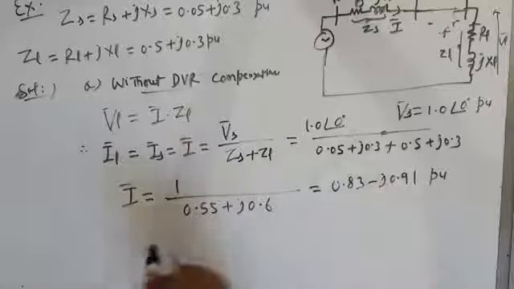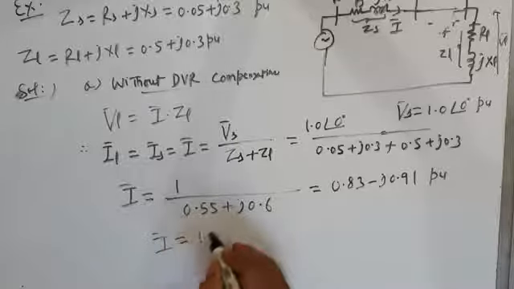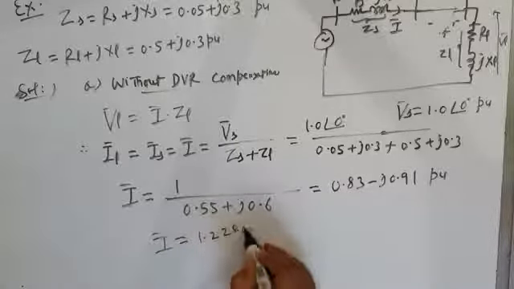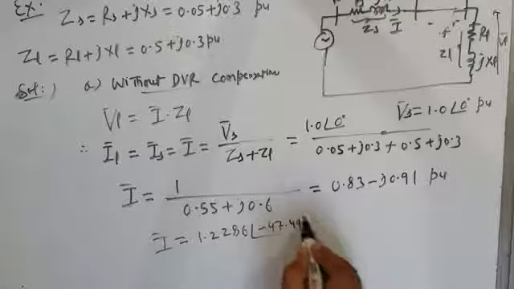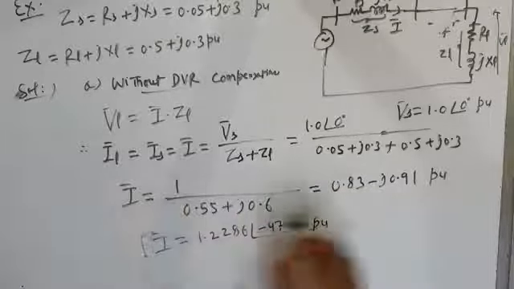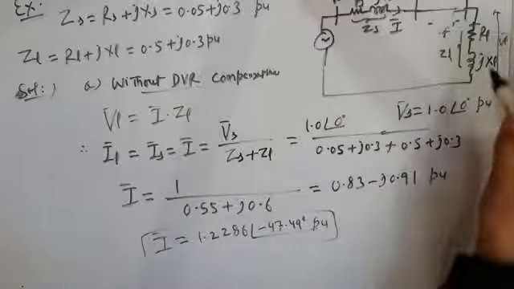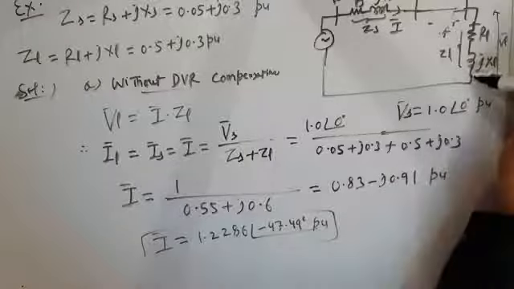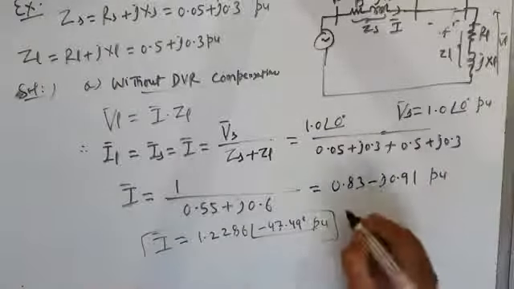And when you transform it into polar form, current will come out to be 1.2286 at an angle of -47.49 degree per unit. तो ये करंट है जो सिस्टम में फ्लो हो रही है without DVR compensation. When this current flows through the load impedance, it will cause the voltage across the load, और वो load voltage आपको निकालनी है.